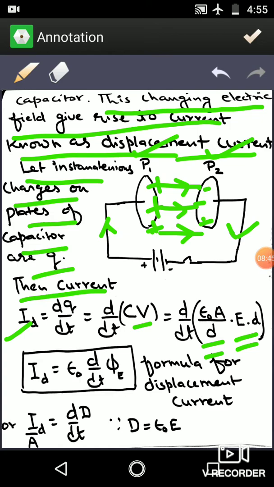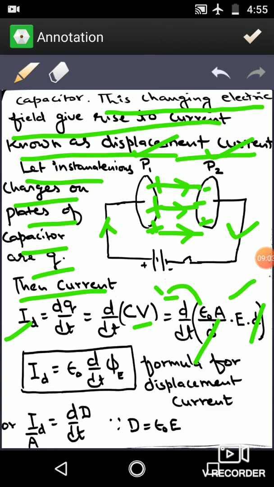Okay, with these replacements, d will be cancelled with d. Epsilon naught is taken outside. And what we get?